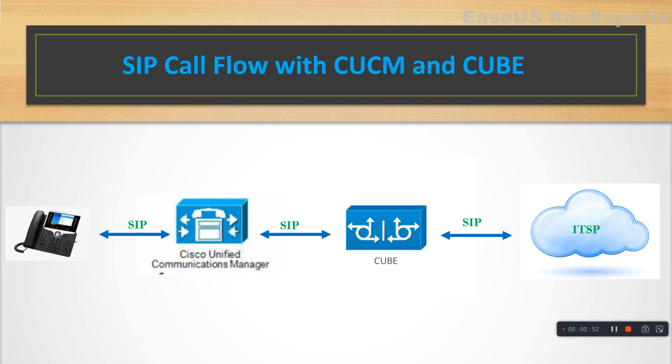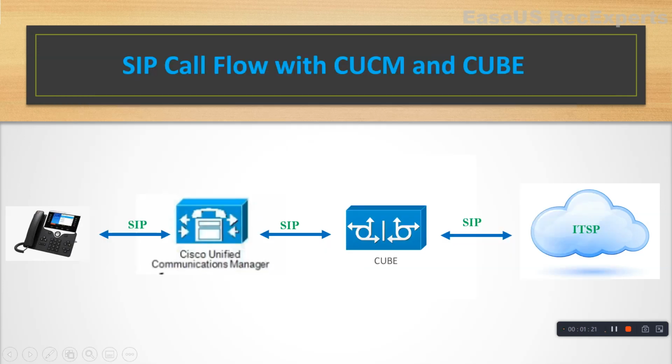This would be a real scenario where you will have a call manager, maybe a CUBE, some other proxy servers in between two SIP endpoints. So let's see what the call flow is when we have a call manager and a CUBE between two SIP endpoints.